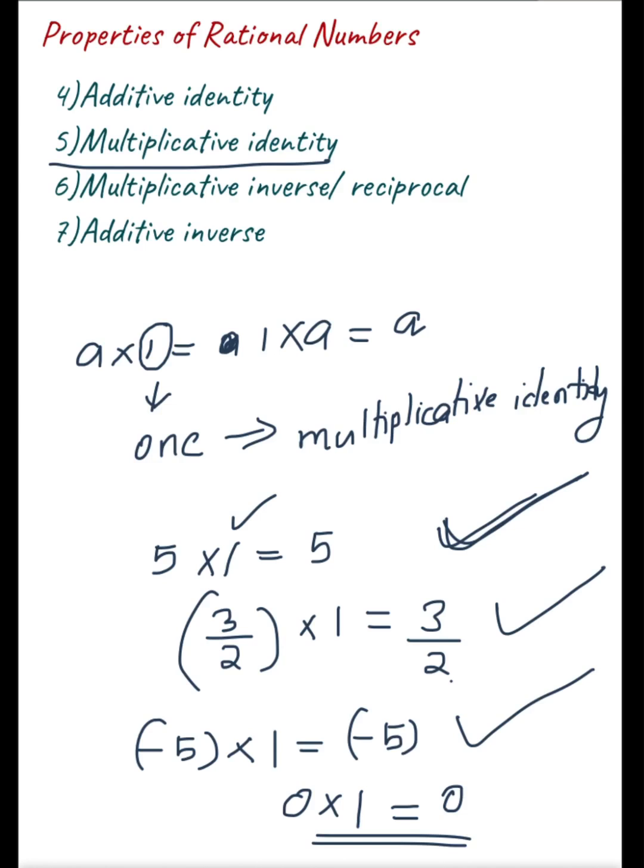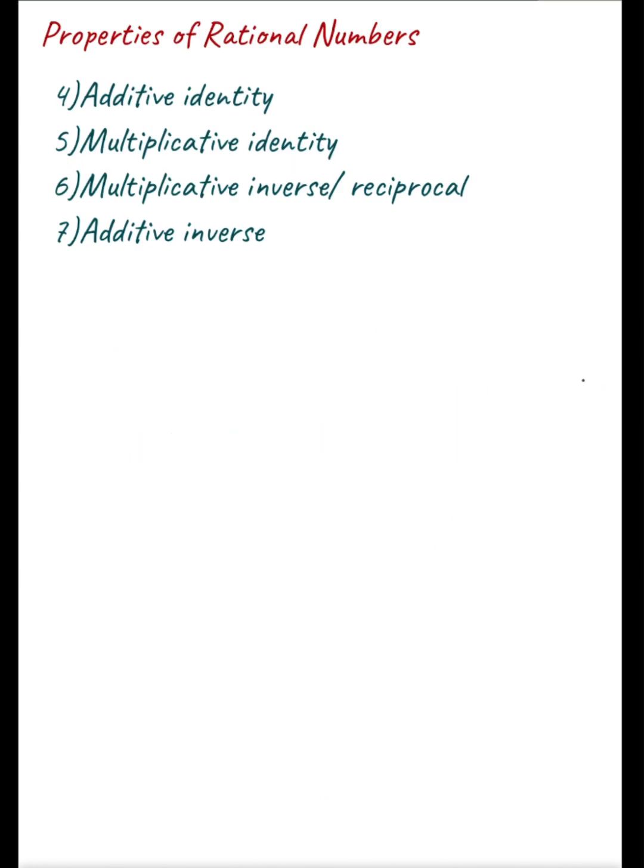So we have discussed additive identity and multiplicative identity. Now let's see the sixth property, which is multiplicative inverse or reciprocal. Multiplicative inverse or reciprocal, what does that mean?